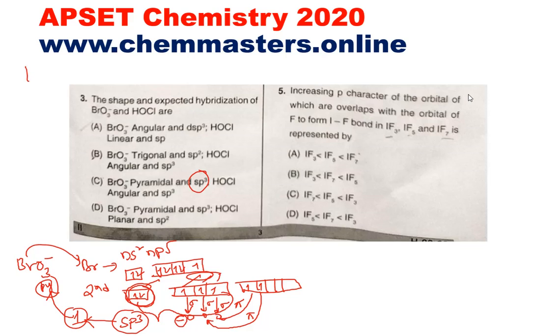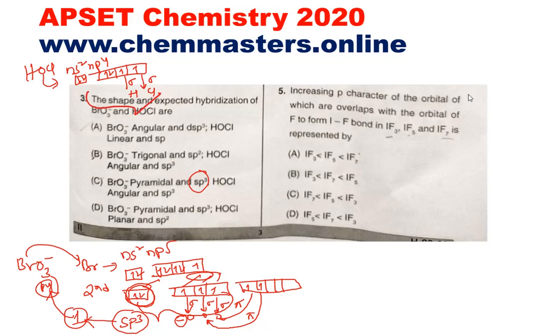Now just look at HOCl, where oxygen is the central atom, which is having the general electronic configuration ns2 np4, where the p orbital is having 2 unpaired electrons. Okay, right, and these 2 unpaired electrons will make sigma bonds with hydrogen and chlorine.